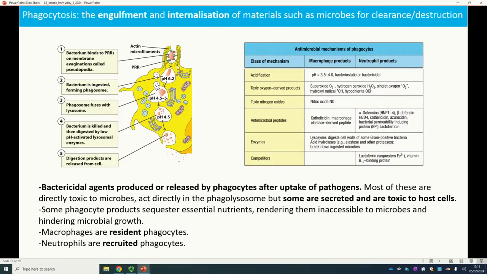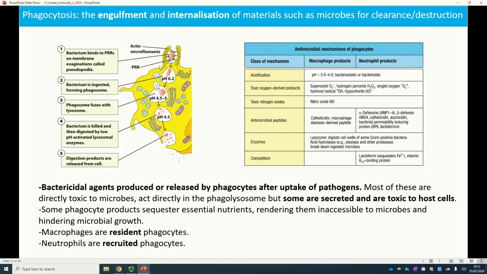So looking at phagocytosis in a little bit more detail, you can see here we've got our bacterium or our pathogen. It's been bound by our PRRs. We're getting these actin microfilaments that are forming pseudopodia, which are engulfing, so surrounding the bacteria, and then completely engulfing it until you get the formation of this phagosome.